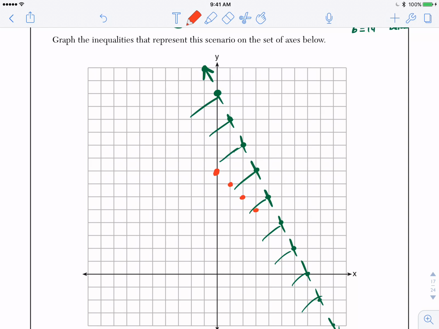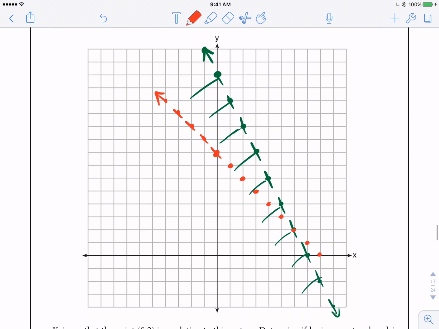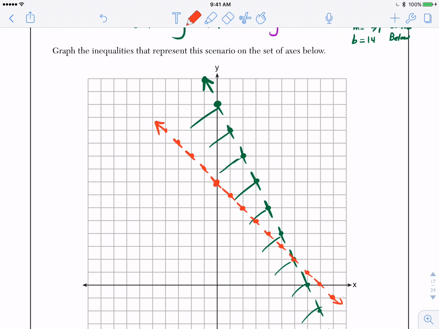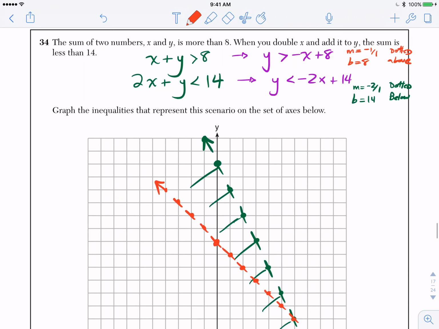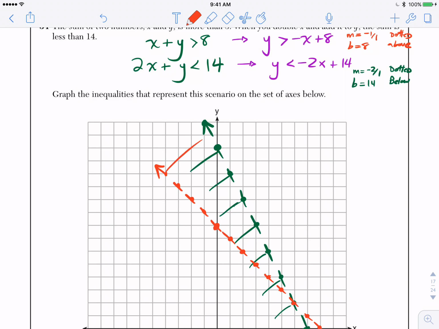We had, again, a dotted line. And for the red one, I'm shading above the line.